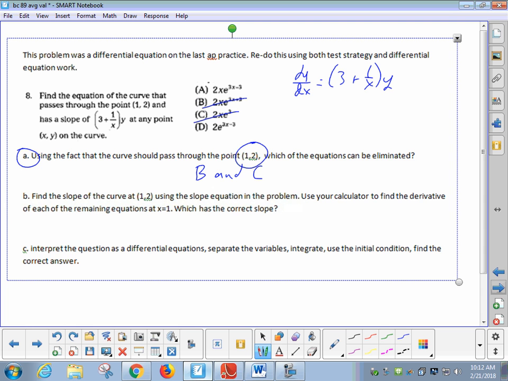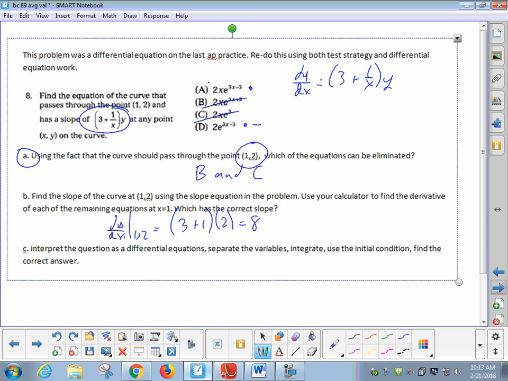Furthermore, couldn't I know that the derivative at (1, 2) should be something like 3 plus 1 times 2, or 8. The derivative, or the slope, should be 8. Because this is calculator, I don't even have to do these derivatives by hand, although I could here.